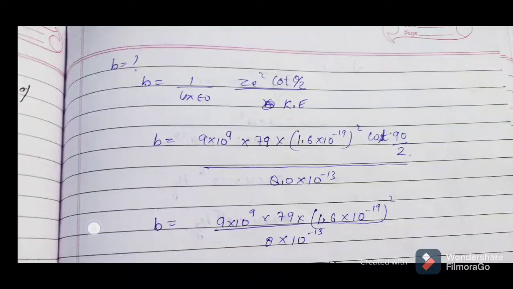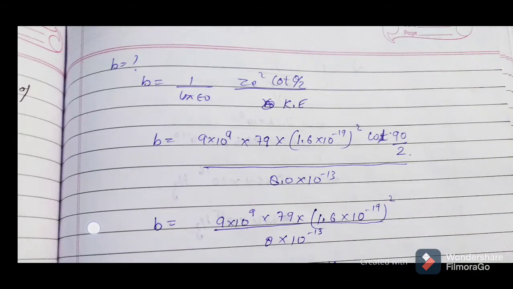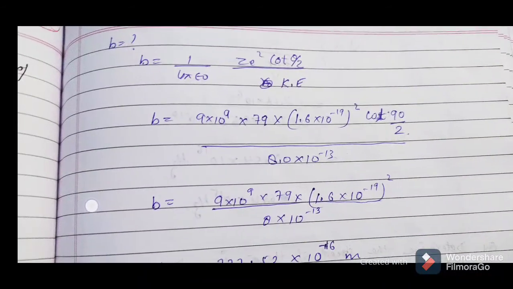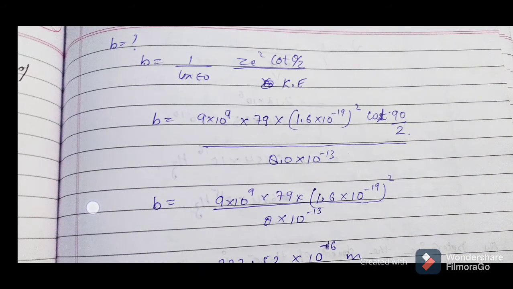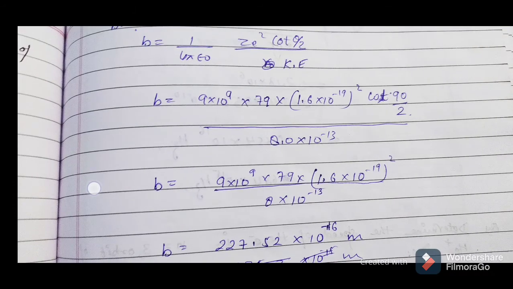This is for gold nuclei, into e square. The value of e we know is 1.6 into 10 to the power minus 19, squared, cot theta by 2, that is cot 90 by 2, divided by the kinetic energy. And the kinetic energy we calculated so far was 8.0 into 10 to the power minus 13.